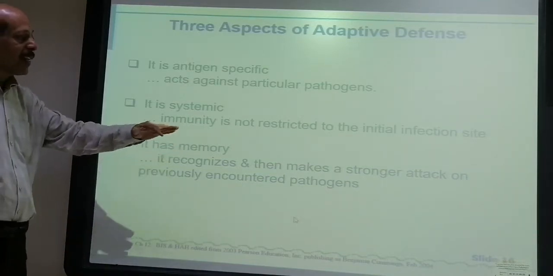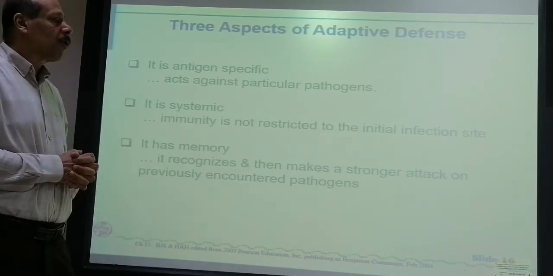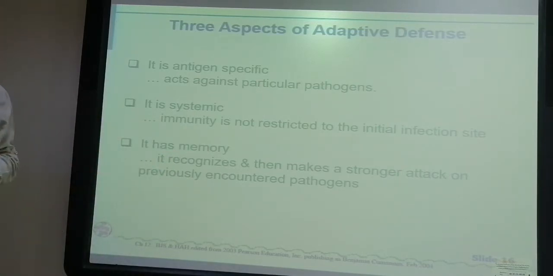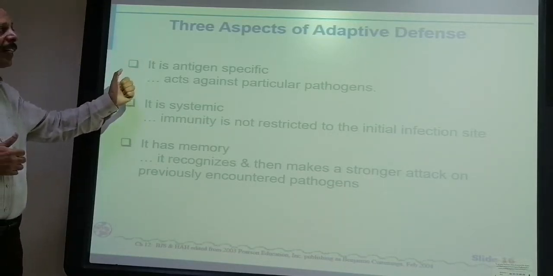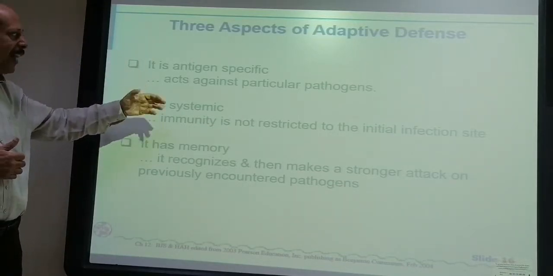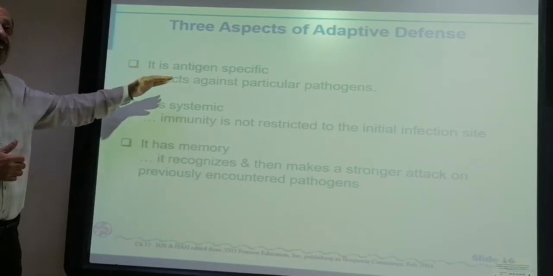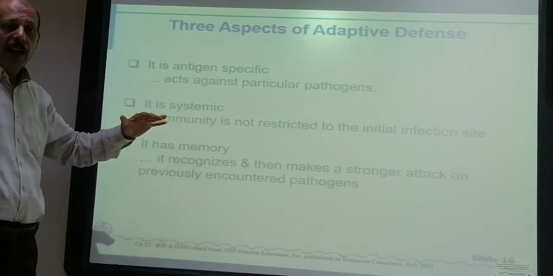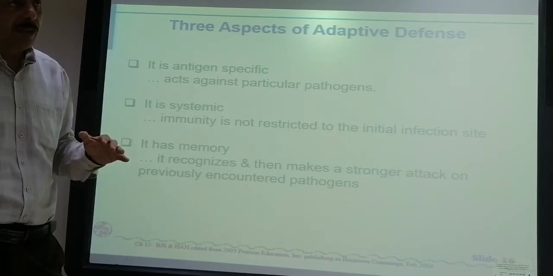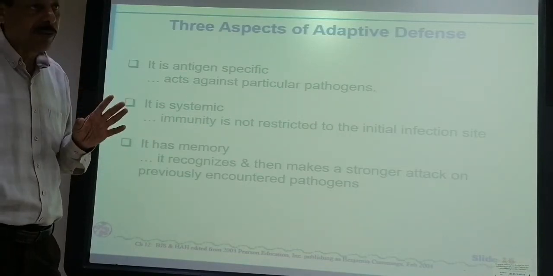So it recognizes, then makes a stronger attack on the previously encountered pathogen, or previously known pathogen. So those are the characteristics of the adaptive defense mechanism: it is antigen specific. It will act on the specific antigen. It will not act on other antigens.